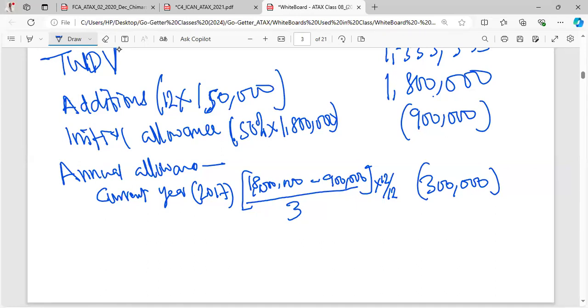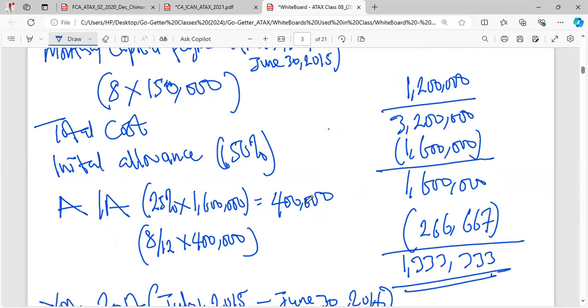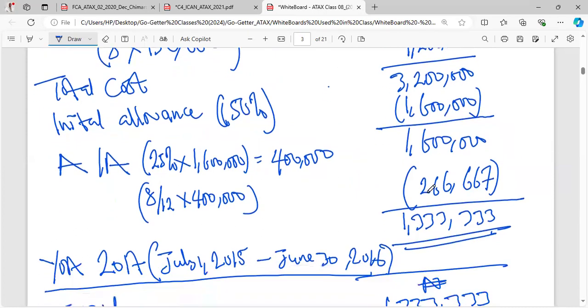That's one. Then you put the one for 2016. 2016 annual allowance. Now, we calculated annual allowance here to be 400, but because we were prorating for the first year, that is why it was 266,667. Now we are entering the next year. We can't be carrying 266,667.